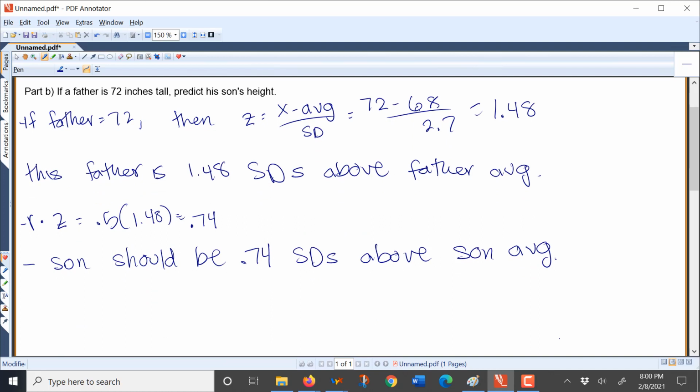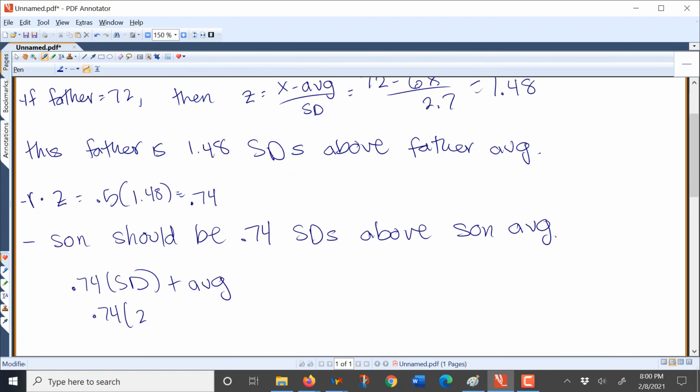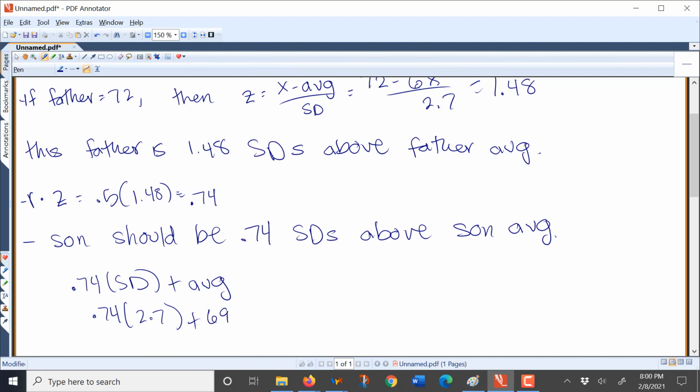Now, you could come up with a formula here, but I just like to use logic. So he should be 0.74 SDs above the average. So it should be 0.74 times the standard deviation plus the average for this son. So this will be 0.74 times the standard deviation for the sons, which is 2.7, plus the average of the sons, which is 69.